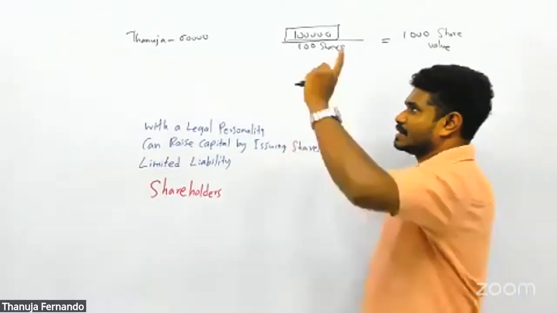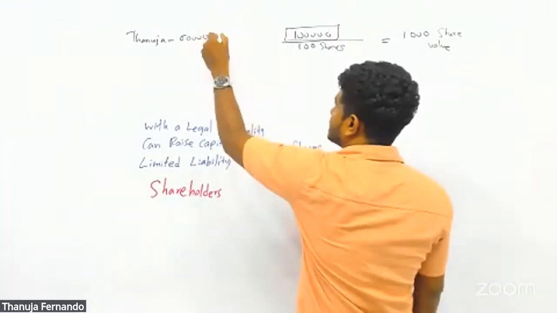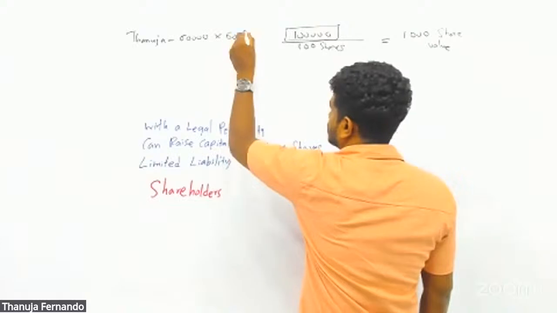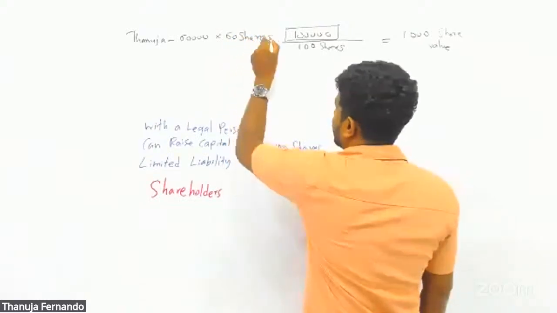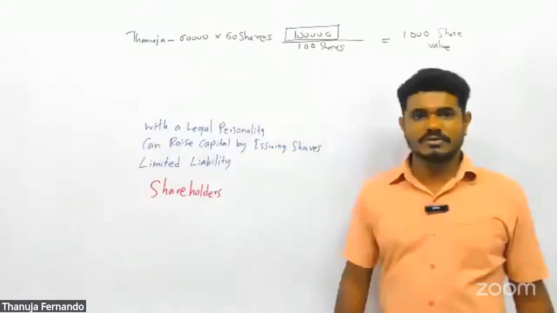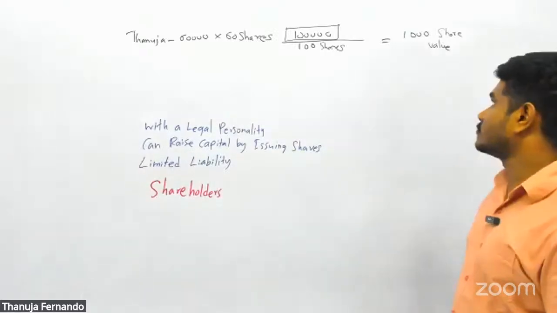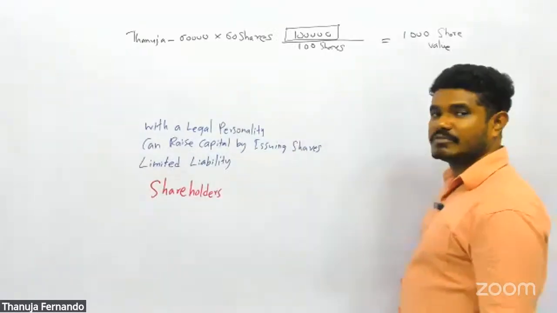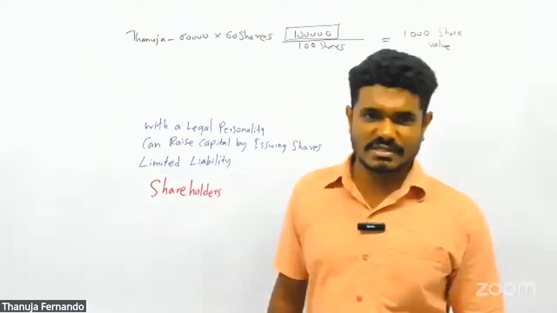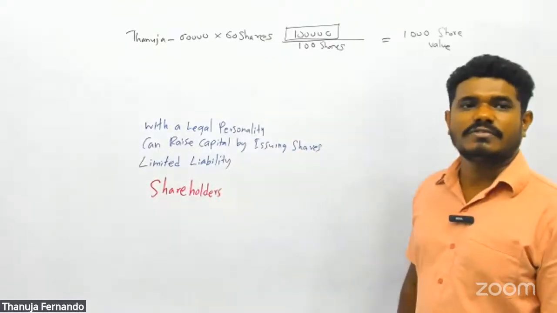Then I can purchase 60 shares, because I have 60,000. The rest, 40 shares, I can invite my friends to invest in the business.